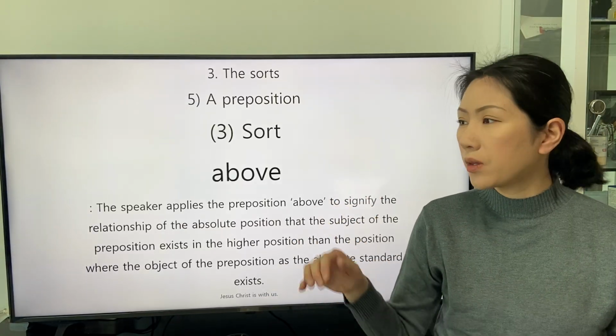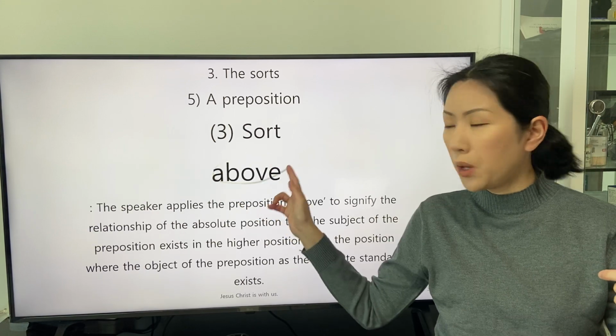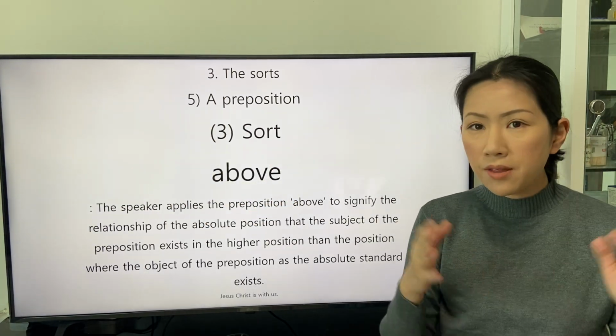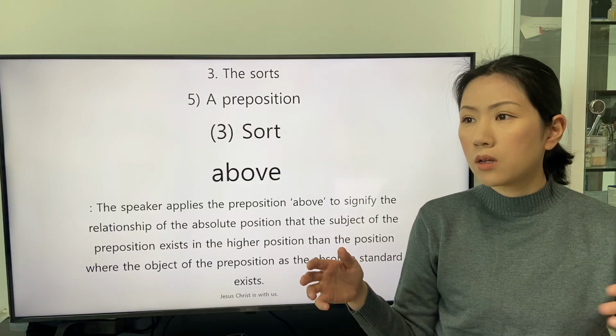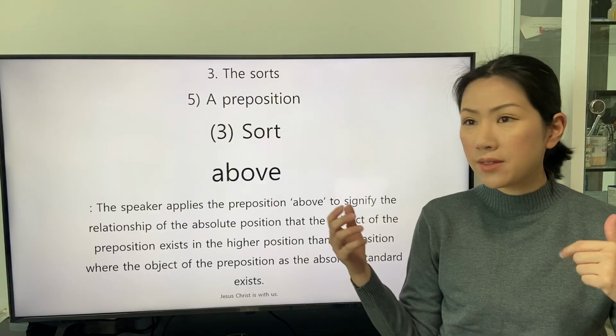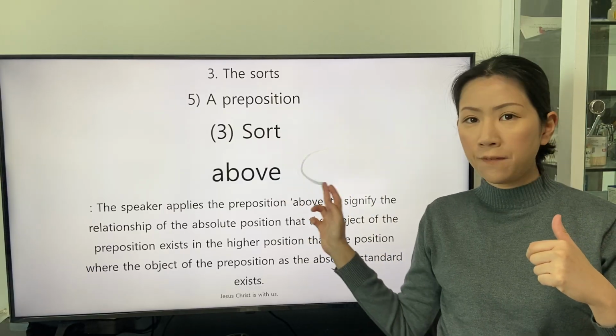The speaker applies the preposition above to describe the subject that exists in a position that is higher than the position of the object.